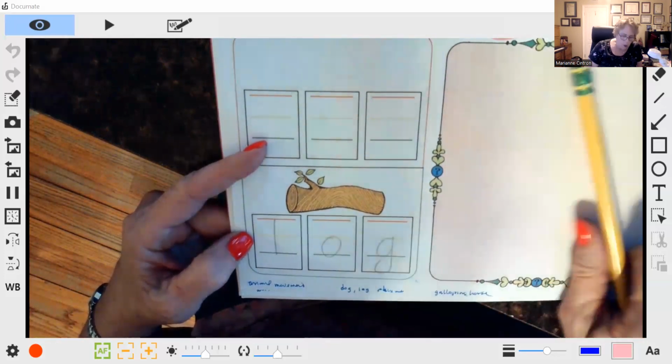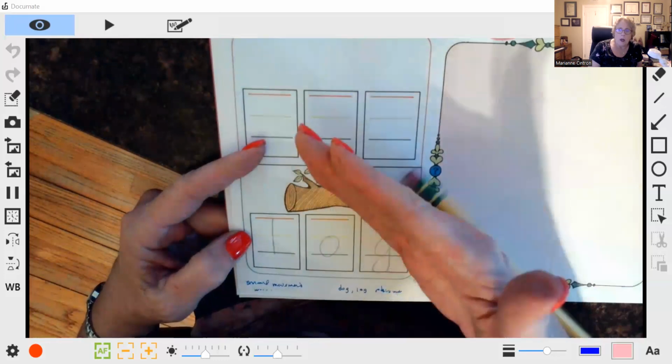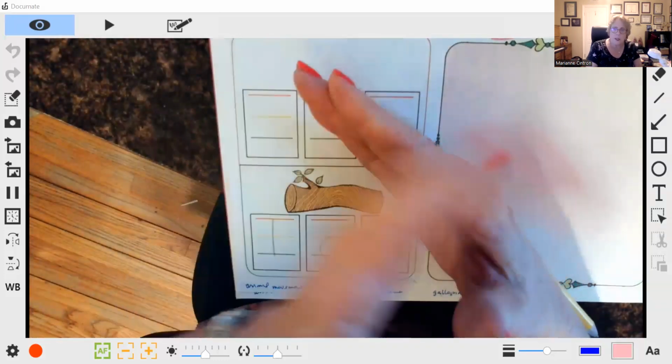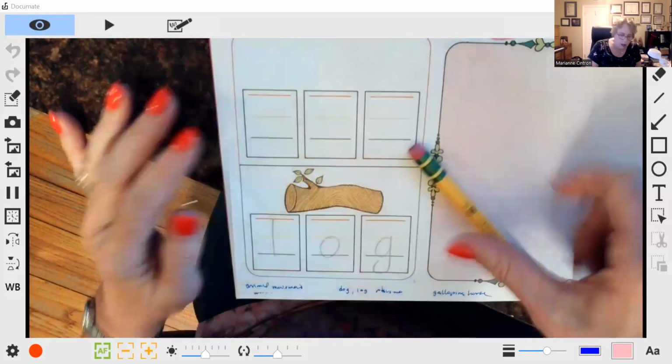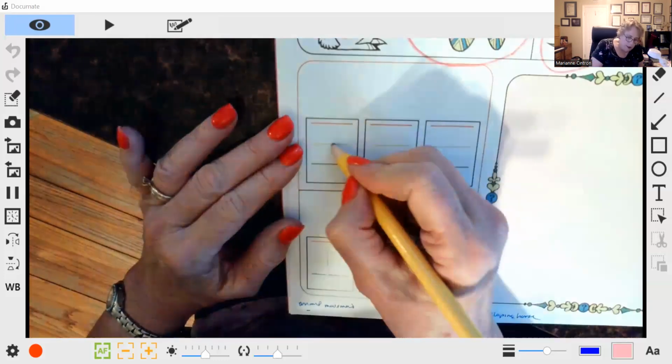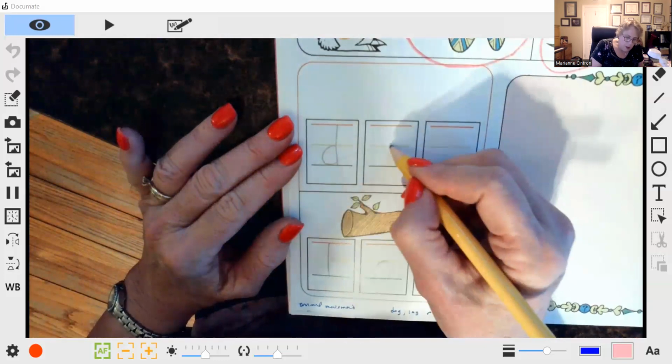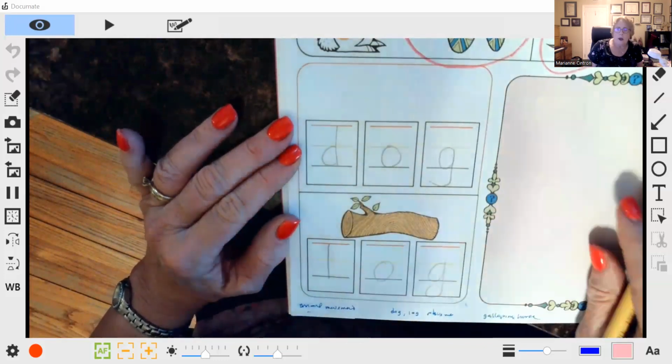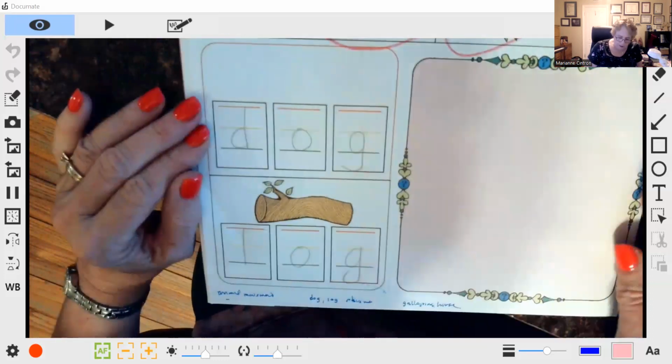Okay, what rhymes with log? L-O-G. How about D-O-G, dog? Dog and log are rhymes.